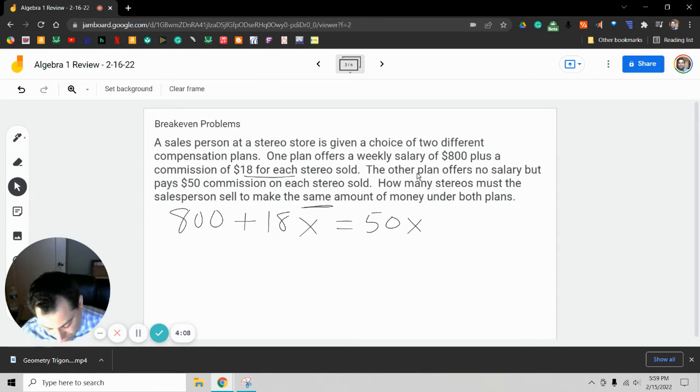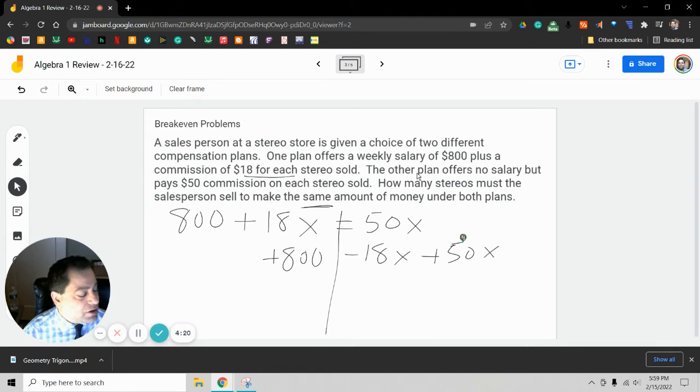Okay, well, numbers on one side, letters on the other, so we have a plus 800 over here. We have a negative 18x here. We have a plus 50x here. And now 50 minus 18 is going to be 32. So we have 800 equals 32x.